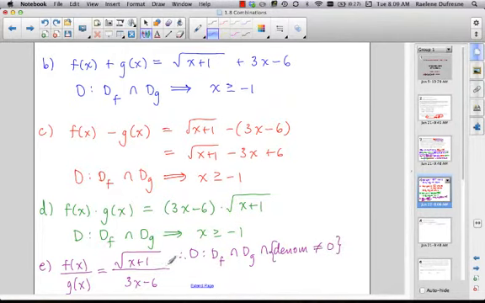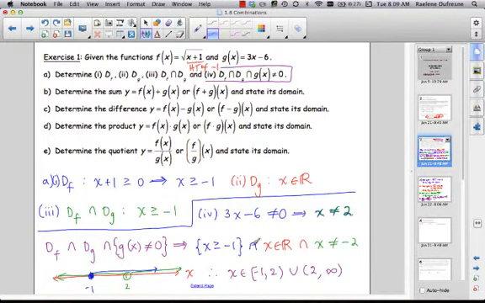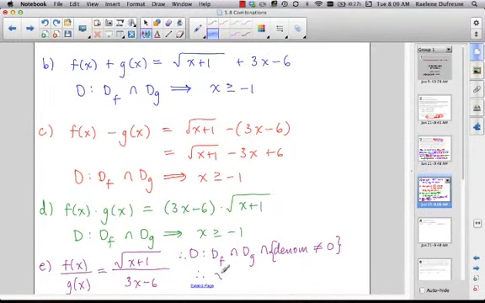And since we did this one already, we saw that this means, this case, the domain of f, the domain of g, and the denominator not equal to 0, so this is our domain. X is contained from -1 to 2, union 2 to infinity. Or otherwise, greater than or equal to -1, but exclude when x is equal to 2.